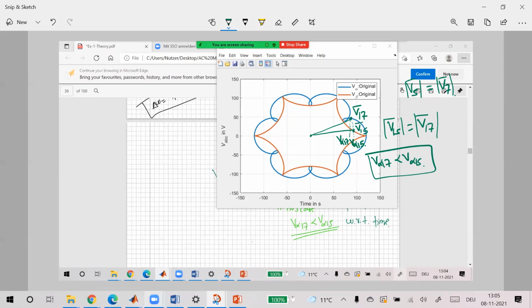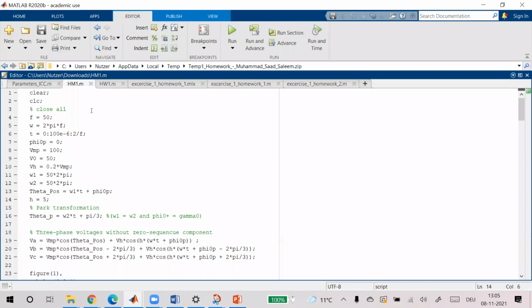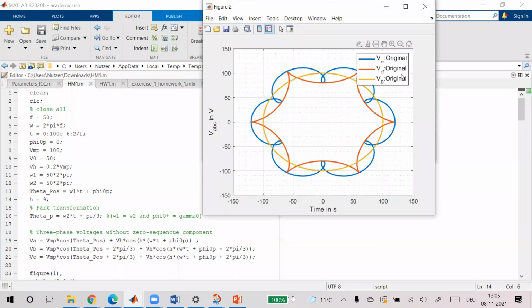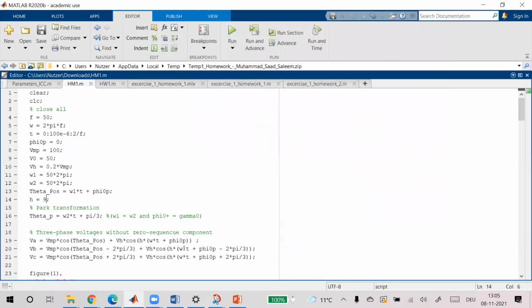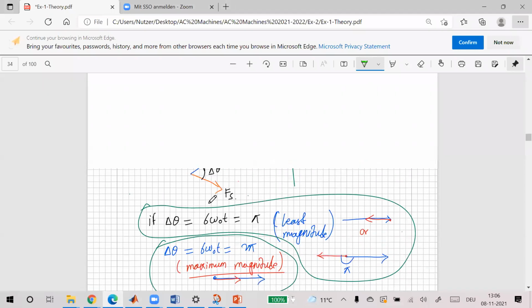So if I show you this graph, okay, there is one mistake, sorry.